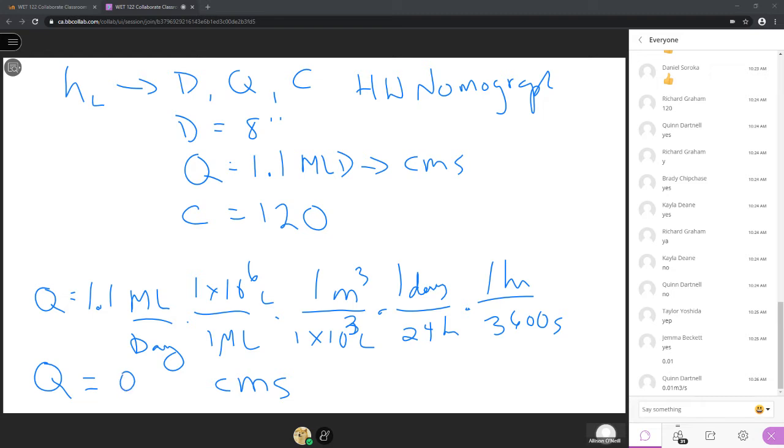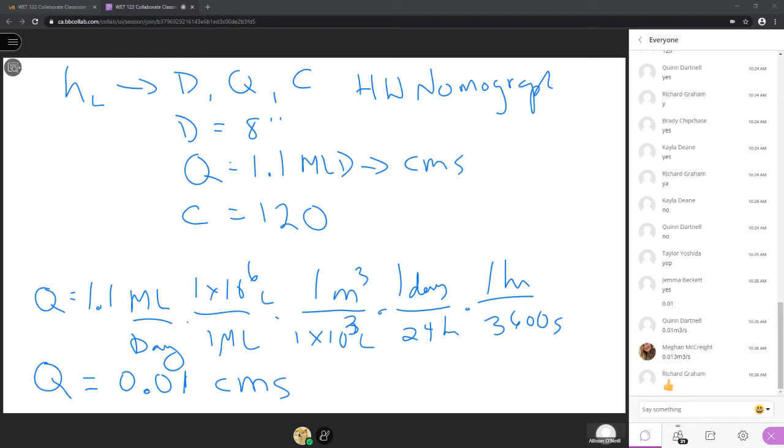Okay, it seems like the winningest number so far has been 0.01 cubic meters per second. Okay, I'm getting lots of confirmation. Awesome. So now we've got this in our cubic meters per second. So it looks like lots of people are agreeing with that.